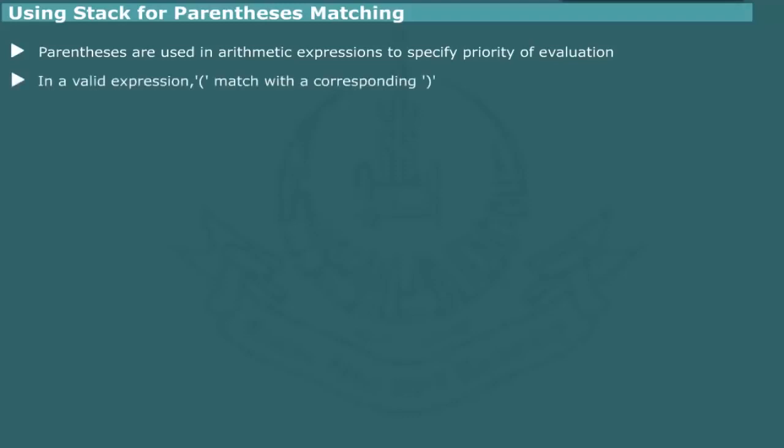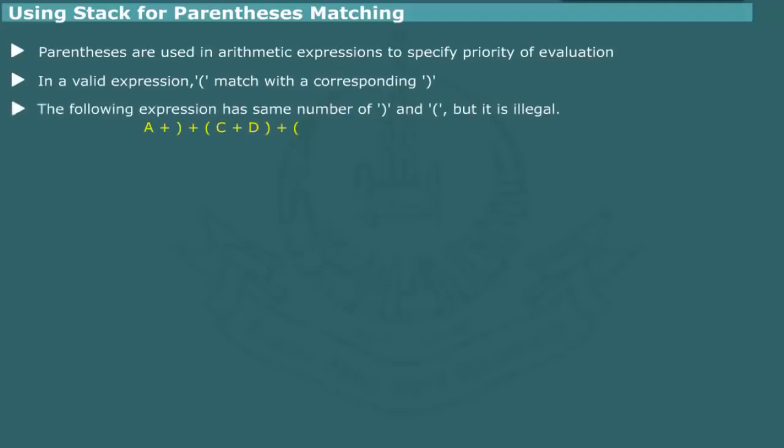In a syntactically valid expression, each left parenthesis must match with the corresponding right parenthesis. A simple counting of left and right parentheses would not provide a correct solution. For example, this expression has same number of left and right parentheses, but it is obviously illegal.